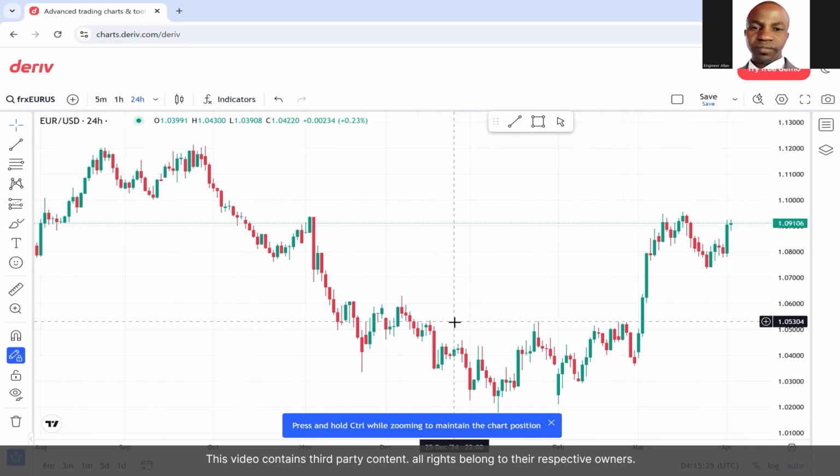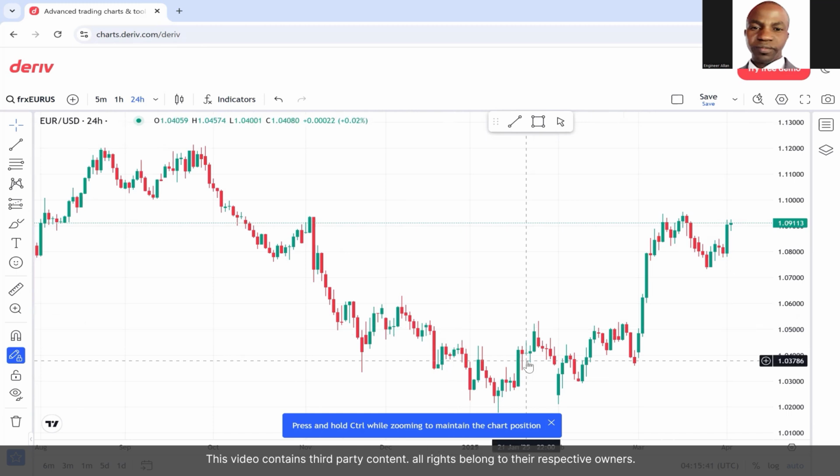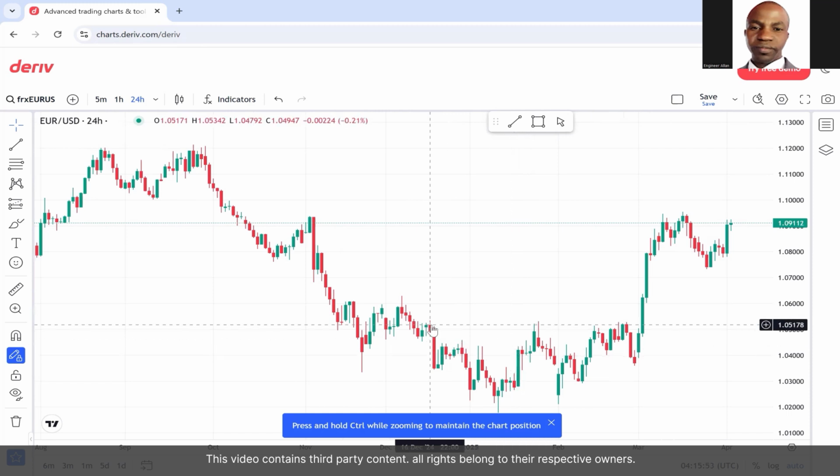The euro, at the same time, is also a currency traded in a zone where the economy is also stable. So these are two powerhouses economically, and their involvement in the forex market brings significant impact.